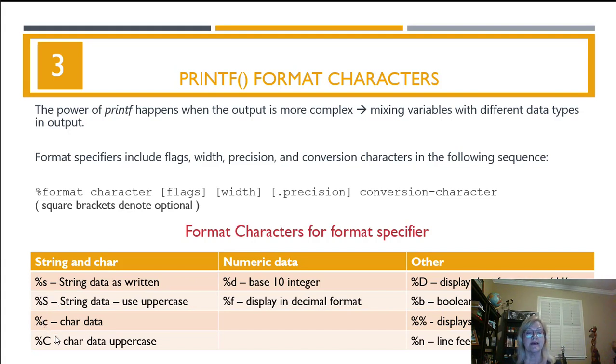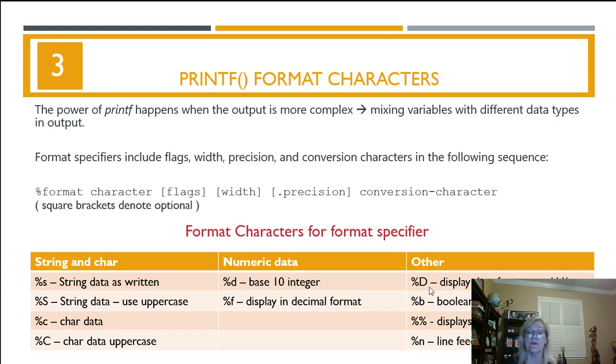Or a character, again, if you want to capitalize it, you can use capital C. If you've got numeric data, use D for integers and use F for decimals. Think of F as meaning floating point. It's a little confusing. I wish they wouldn't use the D because you would think D means decimal, but D is for integers. And there's other types of data also.